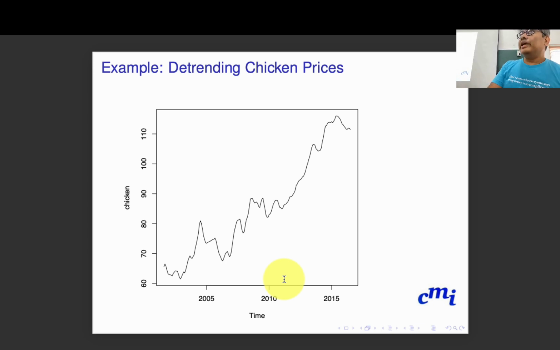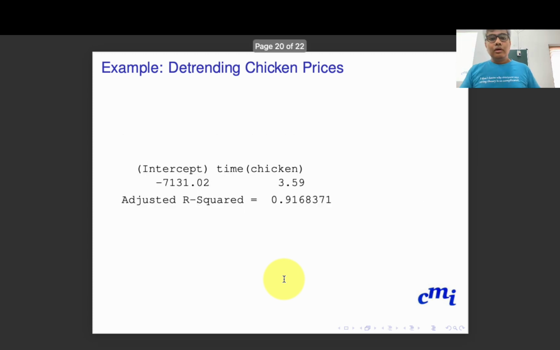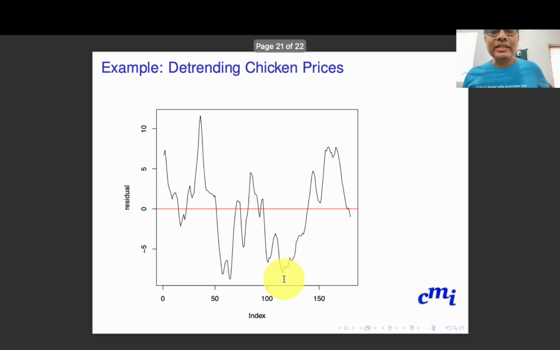So here is the chicken price data set that is again available in the TSA data set that comes with the book. Again, xt is the price process, which has a trend mu t plus a yt, a residual, which is a stationary process. Now mu t is a straight line, beta naught plus beta 1 times t. You fit that model, and that itself explains 91% of the variability. Now you take the residuals and plot them.